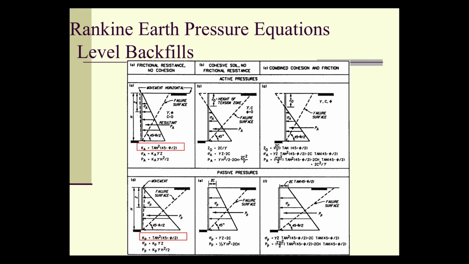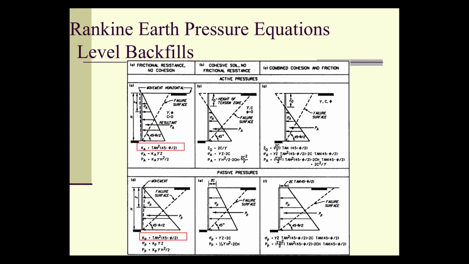Again, it's the same. The beauty of using lateral earth pressure coefficients, instead of, say, trying to analyze the wedge, which can be a little more complicated, is that once you get a single number for the earth pressure coefficient, then you're done.